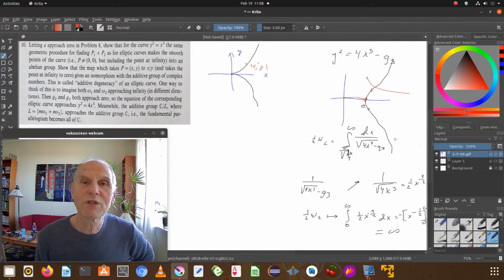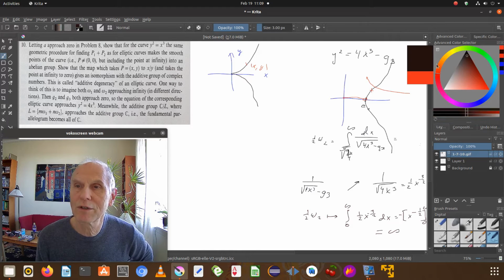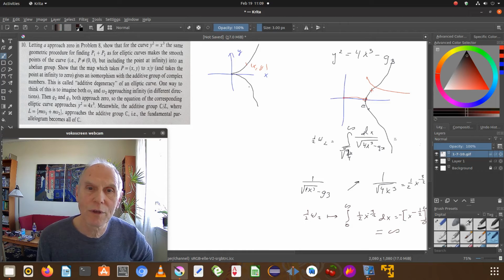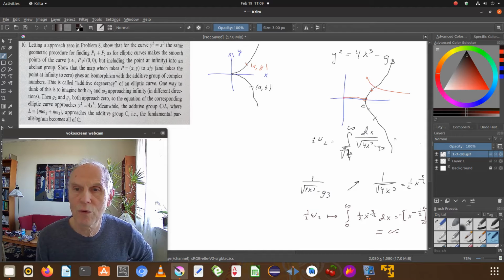And that means if we have to add 2 points, and then say this one, then we add the 2 points on this curve, and then let g3 tend to 0. We have to show that the limit exists.